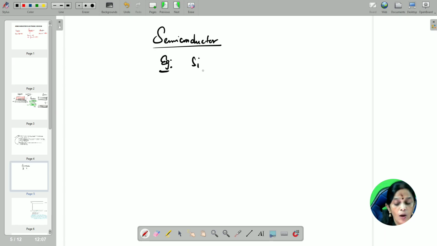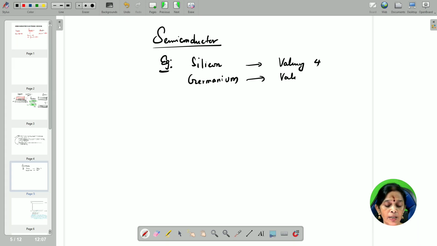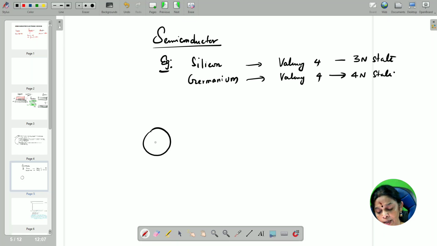An example is silicon and germanium. These two are considered elementary semiconductor materials. Silicon valency is 4 and germanium valency is also 4. But though the valency is 4, in silicon the valence electron is present in the 3rd shell, whereas in germanium the valence electron is present in the 4th shell, a little farther away from the nucleus.